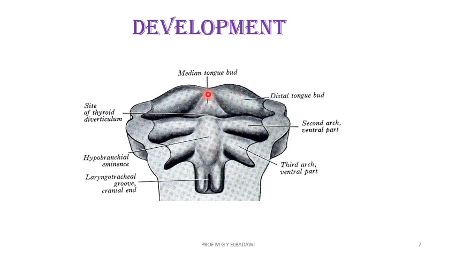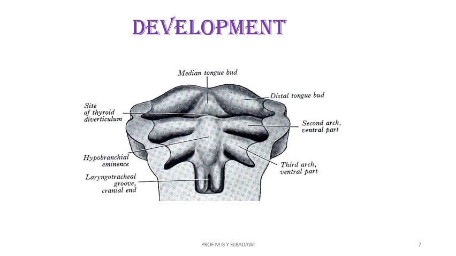The anterior two-thirds of the tongue will develop from these three swellings, while the posterior third will be formed from the cranial part of the hypobranchial eminence. The caudal part will form the epiglottis.